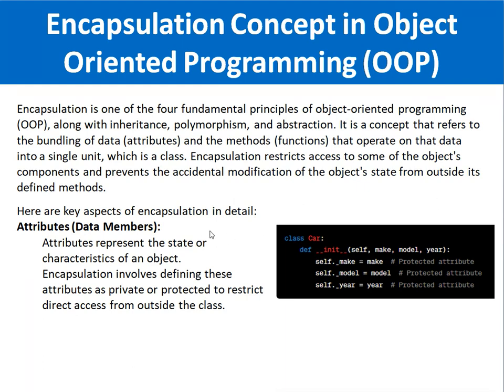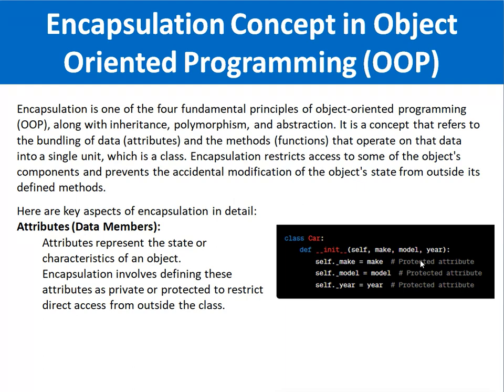Attributes, or data members, represent the state or characteristic of an object. Encapsulation involves defining these attributes as private or protected to restrict direct access from outside the class. For example, this is a class of a car. It has attributes like make, model, year. These are protected attributes. So what does protected mean here?